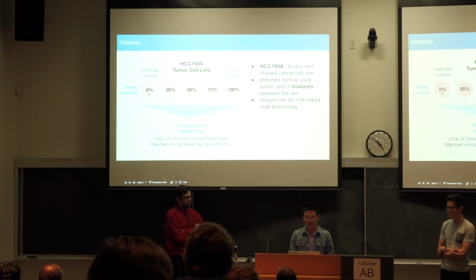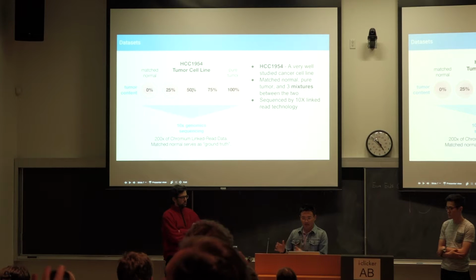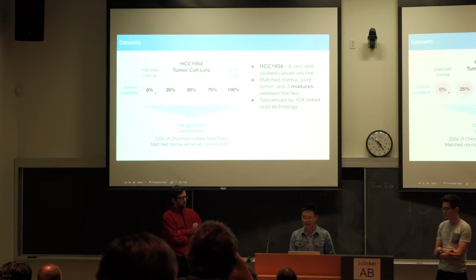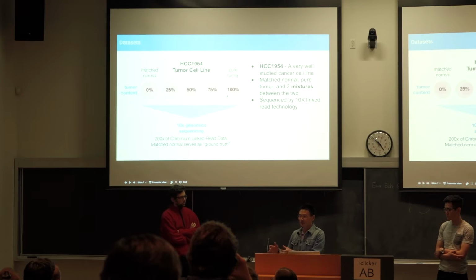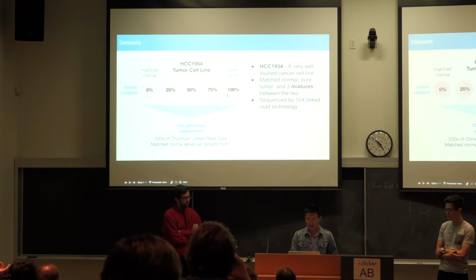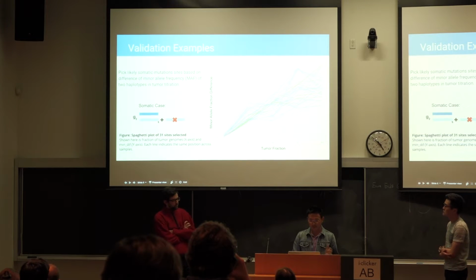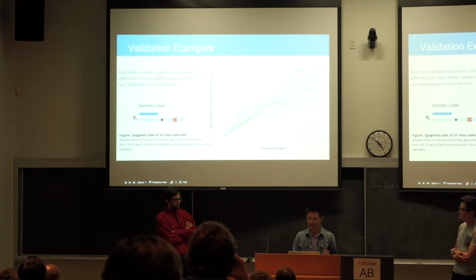So you will expect that with more tumor genomics in the mixture, the somatic mutation, if there is one, will be proportionally increased. Because, as we mentioned before, 10x Genomics provides information about which chromosome the mutation occurs on.